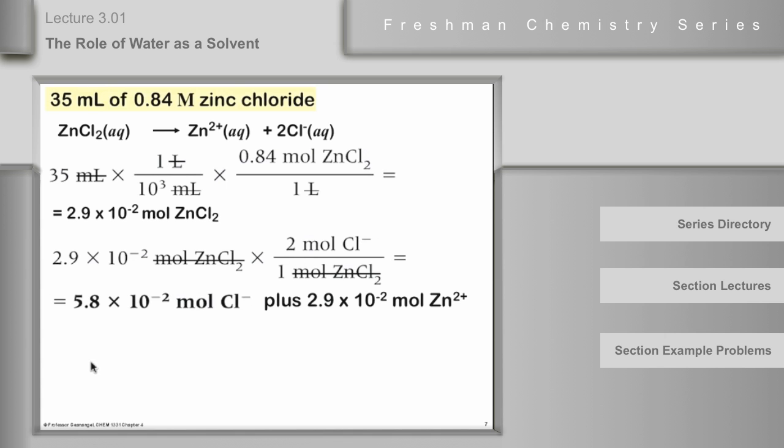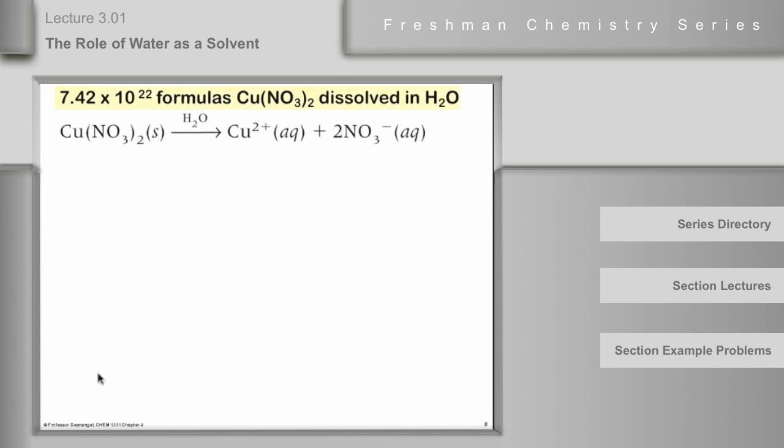Okay. Then, if not, the last one says 7.42 times 10 to the 22nd formulas of copper nitrate, copper 2 nitrate this is, dissolved in water. So here's copper 2 nitrate. You dissolve it in water. You get 1 copper 2 plus ion per mole, 1 mole of copper 2 plus per mole of compound, and 2 moles of nitrate ion per mole of compound.